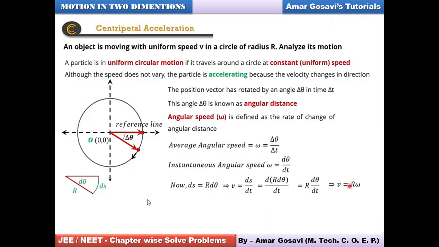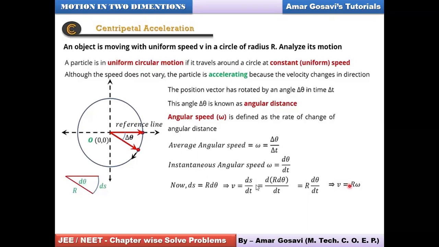Sir, can you tell in which form they will ask in entrance exam? Which form in what sense? Like vector form or scalar form you mean to say? No, sir, this centripetal acceleration, this derivation. No, no, we have not started with the centripetal acceleration derivation as of now. This is a derivation prior to that.